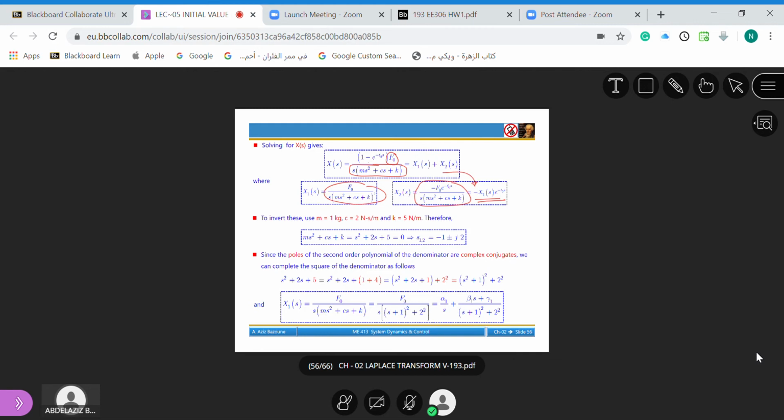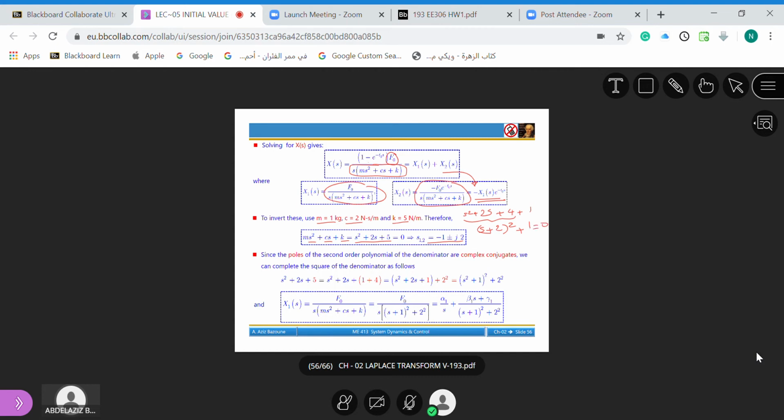Now if we give numerical values to m, c, and k, we can write m s squared plus c s plus k as s squared plus 2s plus 5. The poles, or roots, turn out to be complex conjugate. You can write s squared plus 2s plus 4 plus 1, which is (s plus 2) squared plus 1 equal to 0.